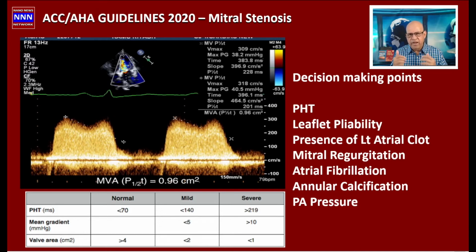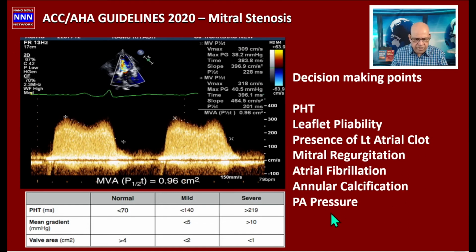So if at all we can catch these patients with mitral stenosis in the early stages, before the left atrium becomes too large, before they develop atrial fibrillation, that's the time to intervene, to prevent enlargement of the left atrium and prevent the development of atrial fibrillation. But if they have atrial fibrillation, of course, we need to control their rates before we can do any procedure. Annular calcification is not something we can do a whole lot about, but if we recognize it, it will help us as a prognostic indicator of how well any intervention is going to make a change.